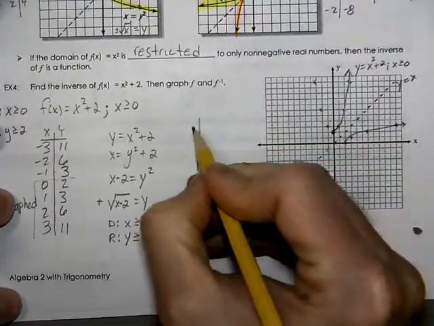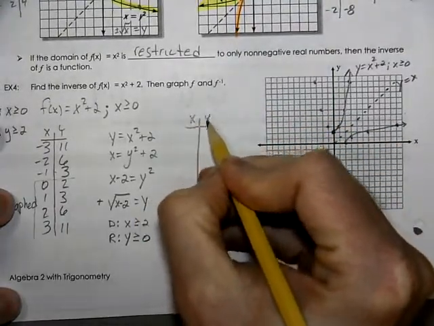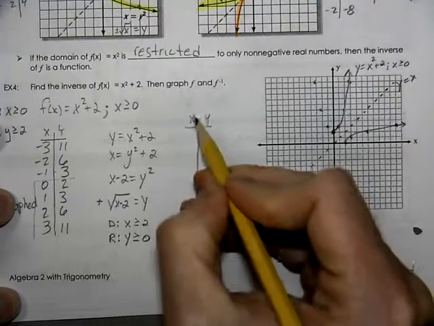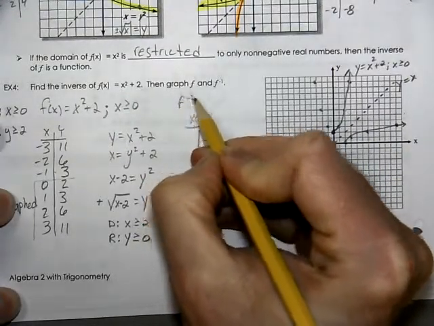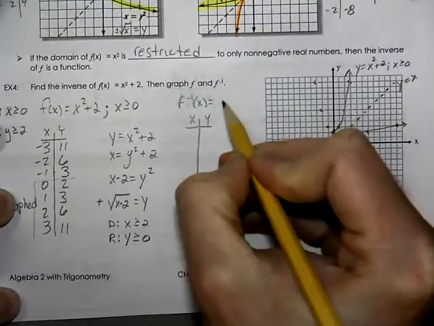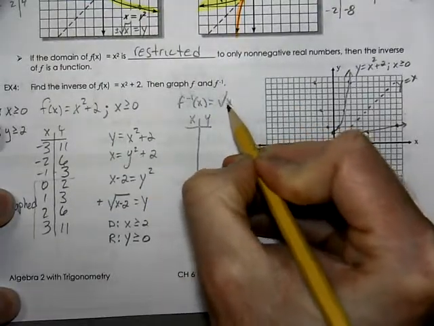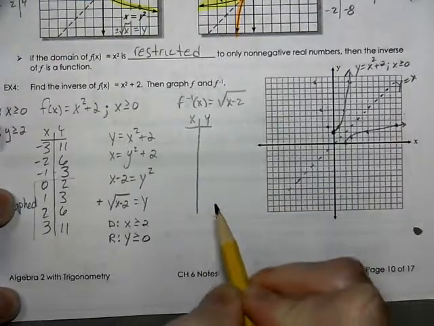We could, if we weren't confident with where the points were, we know that our new function, f inverse of x, is the square root of x minus 2.